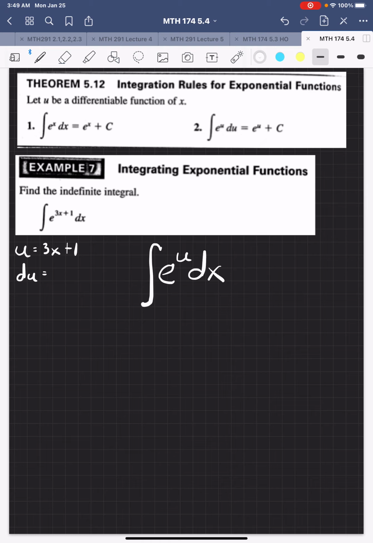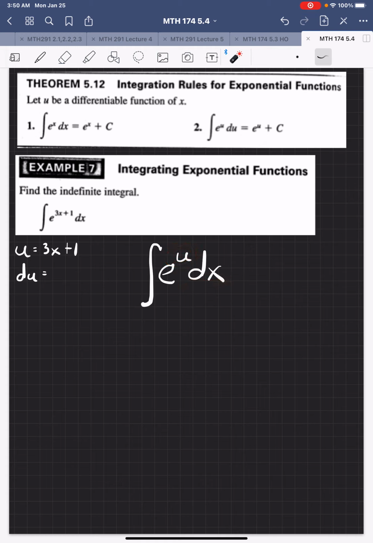And let's see if you can spot the problem. So we inserted u in for 3x plus 1. But now the problem is for us to integrate e to the power of u with respect to x. And that's a problem. You can't integrate u's with respect to x's.